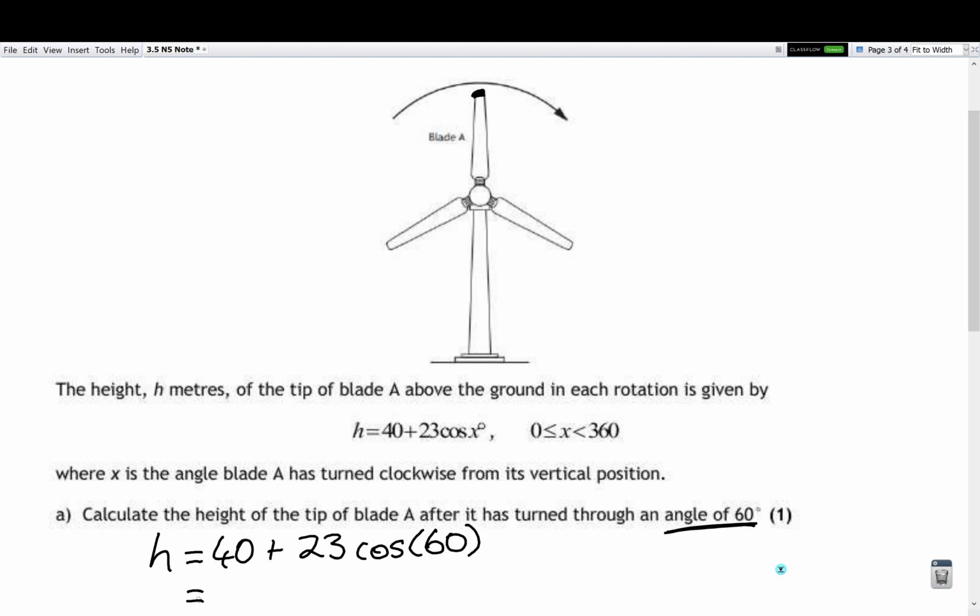We don't have to do any rearranging, any inverse, any CAST diagram here. That's literally just putting that line into your calculator. So pick up your calculators and do 40 plus 23 times the cosine of 60, making sure that your calculator is, of course, in degrees. And the height, when it's turned 60 degrees, is 51.5 meters.